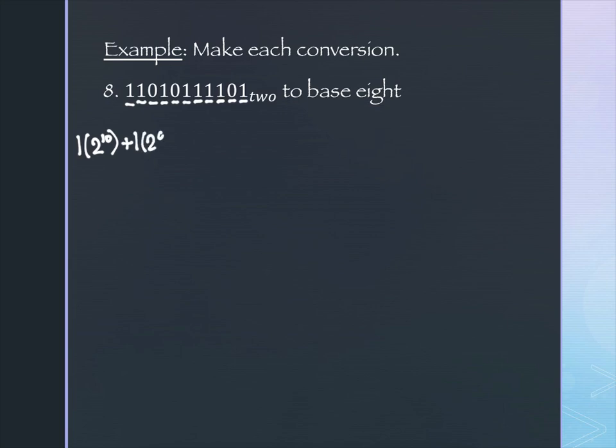Then I have 1 times 2 to the 9th. I have a 0 times 2 to the 8th. I have a 1 times 2 to the 7th. I have a 0 times 2 to the 6th. There's a 1 times 2 to the 5th. That should say 1.